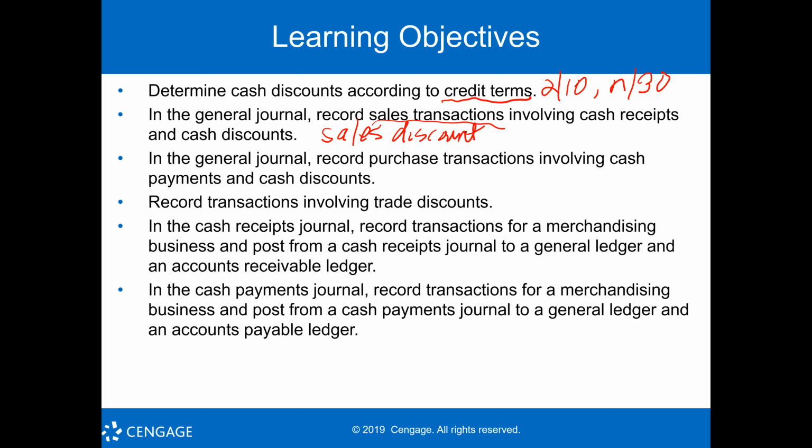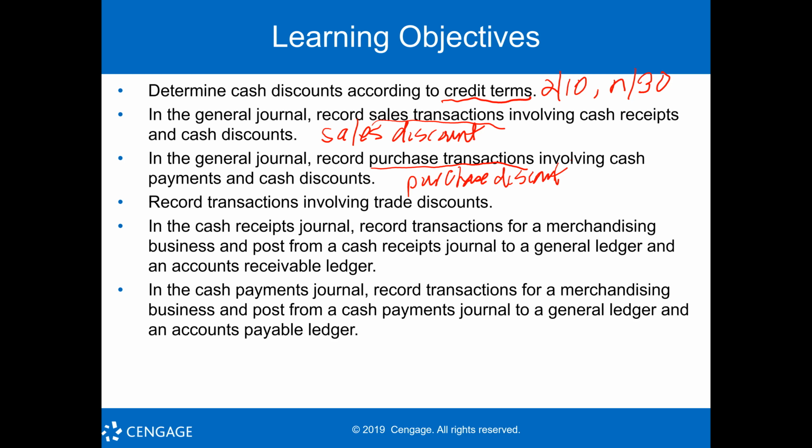When we're looking at purchase transactions, we call it purchase discount, right? If we're periodic inventory, it's purchase discount. Otherwise, with perpetual inventory, it decreases merchandise inventory. So anyway, we're going to look at examples of that.